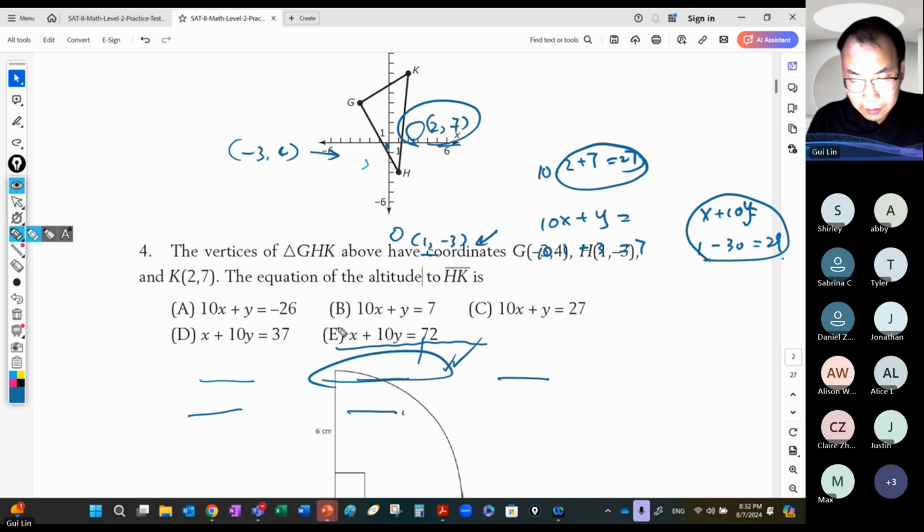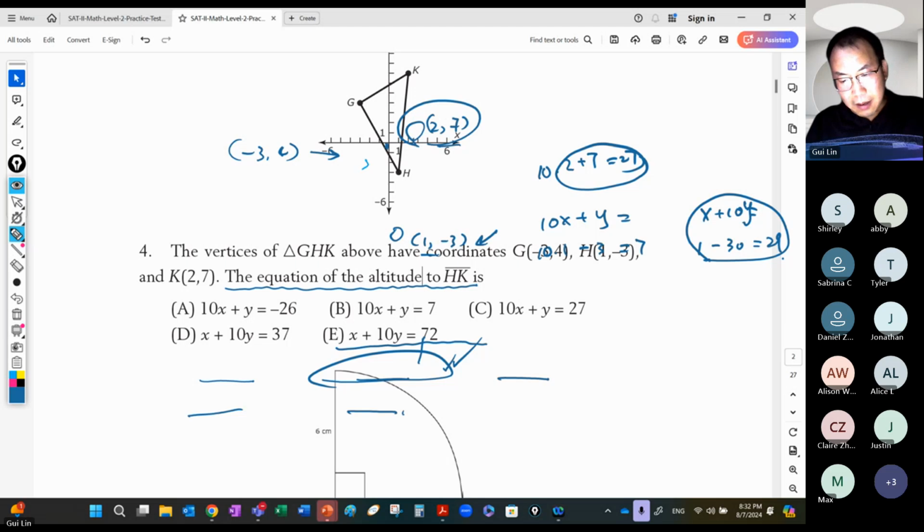So the equation of the altitude to HK, the slope of it, but they didn't say it passes through the point, right? Let me go back to revisit this part.